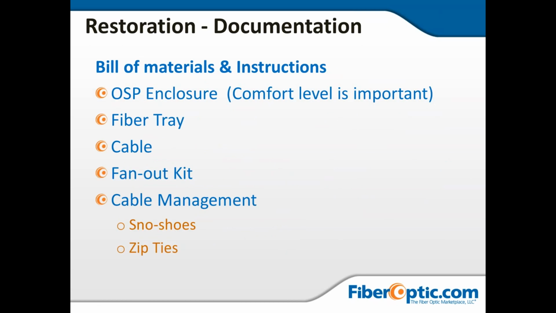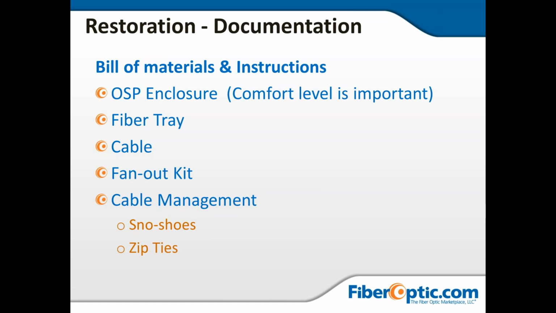Bill of materials, like I said, for an outside plant enclosure, a splice tray, the cables that we have, any fan out kits, any cable management. We'd want to know who's the vendor, where are we getting this? If we can't get one, if it happens in the middle of the day, where do I go? Do I go to my local Graybar, or are they going to have this in stock? What do I need to do?